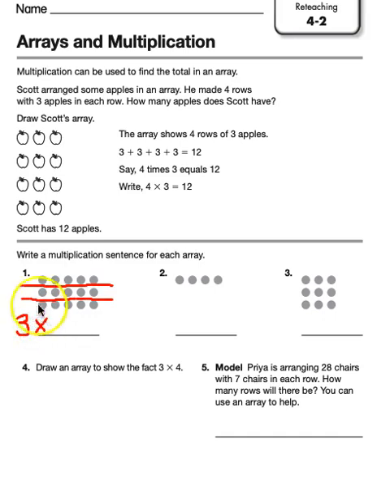And then you're going to count how many dots there are in the 3 rows. So 1, 2, 3, 4, 5. So you have 3 times 5, and that equals, if I go 5, 10, 15. So my answer is 3 times 5 equals 15.